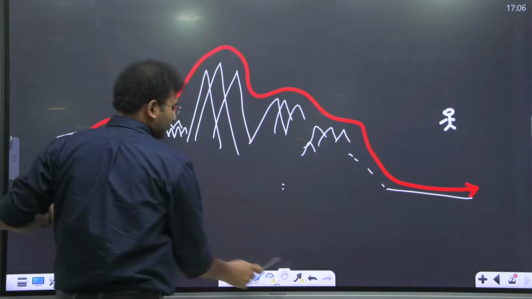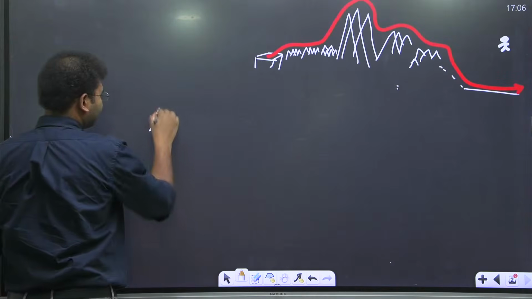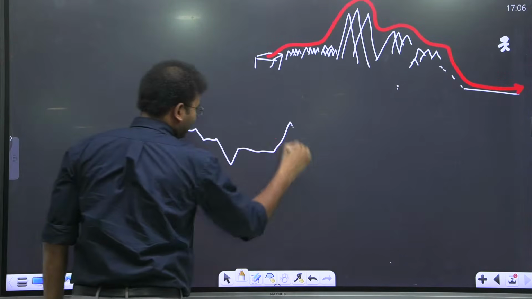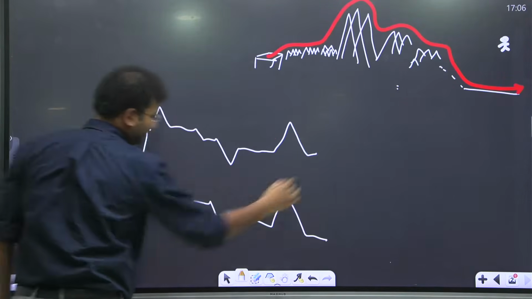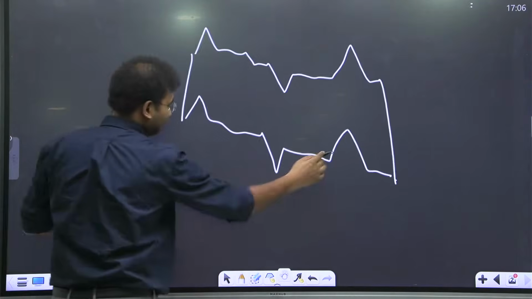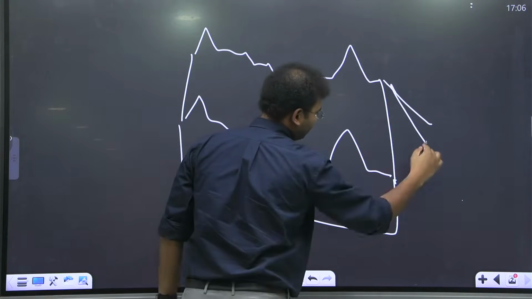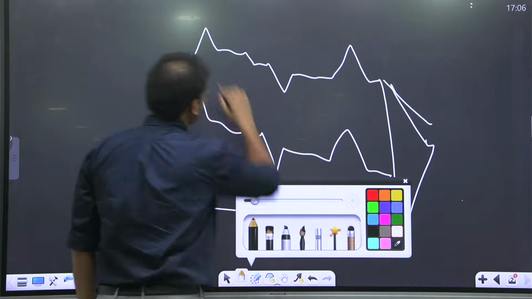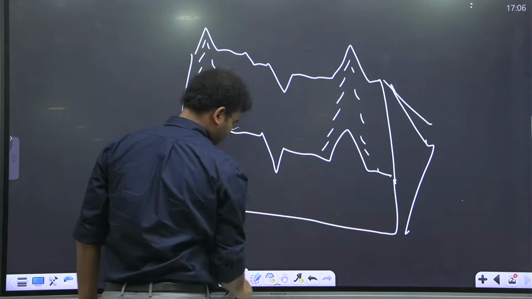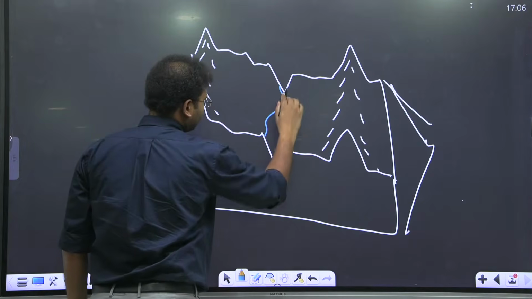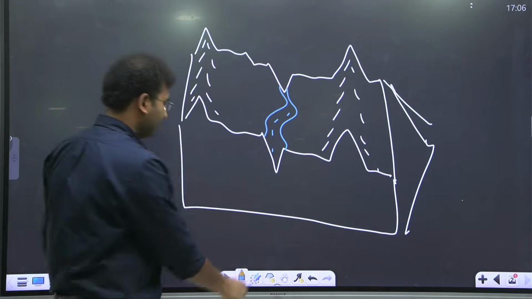So what happened is, if you look into it, the river actually cuts. Okay? The river cuts. This is how the river flows. It cuts across and then comes.